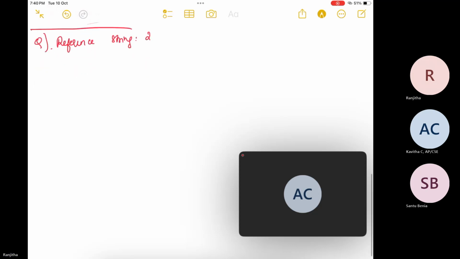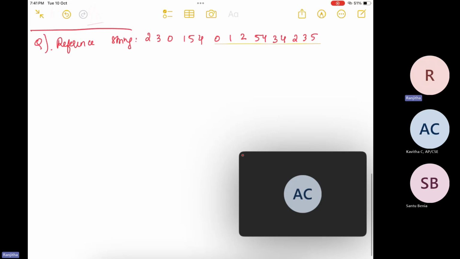2, 3, 0, 1, 5, 4, 0, 1, 2, 5, 4, 3, 4, 1, 2, 3, 5.